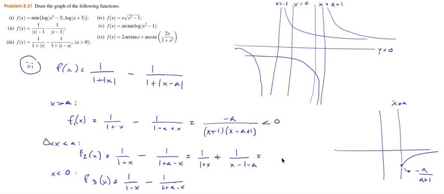If you compute this, you have x plus 1 divided by (x minus a minus 1) times (2x minus a). So when x is equal to a, you have a divided by, and then we have a plus 1 times minus 1, so minus a times minus 1.